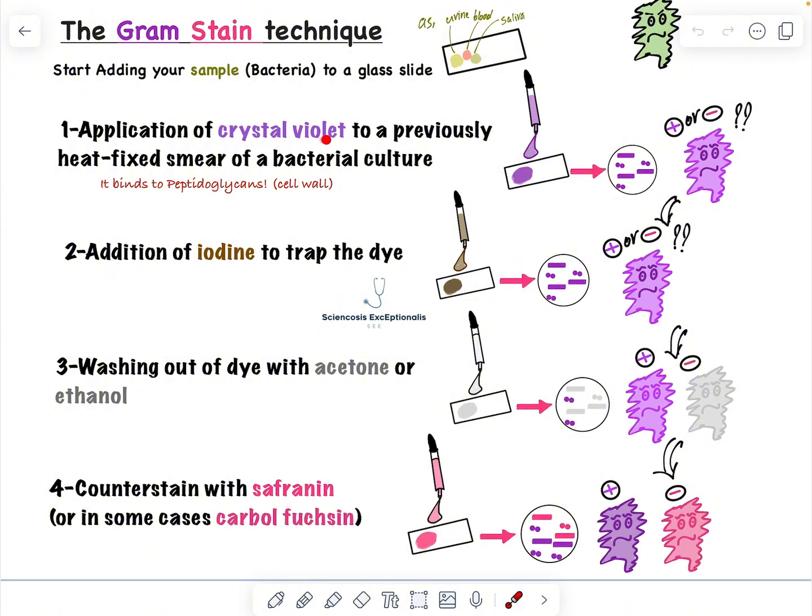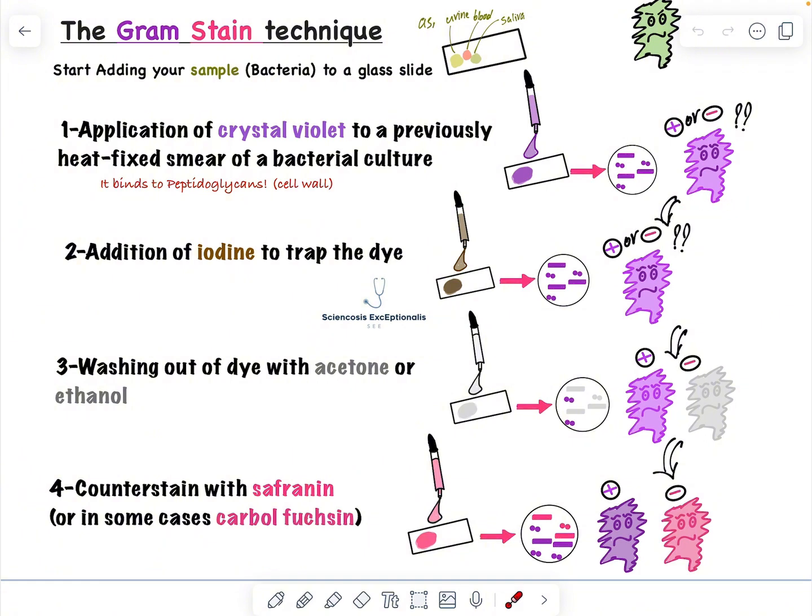So add the crystal violet to the previously heat fixed smear of bacterial culture, and it binds to peptidoglycans in the cell wall. So the bacteria start appearing as purple or blue to purple.